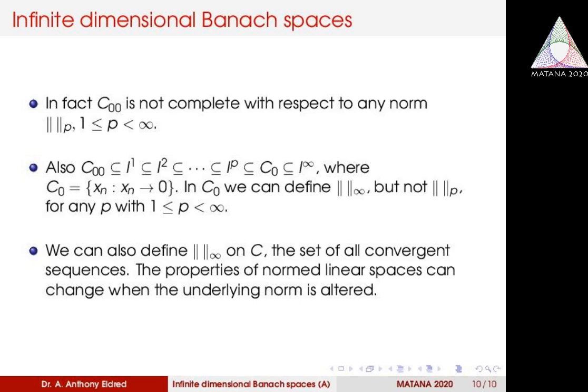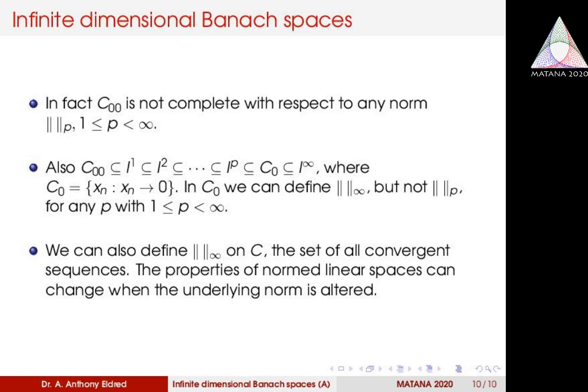complete normed linear space. That is, if you take any Cauchy sequence in C0, the limit will be in C0, because we are defining the infinity norm. We can see more about this infinity norm in the coming discussion, and we can see that C0 is going to be a complete normed linear space.